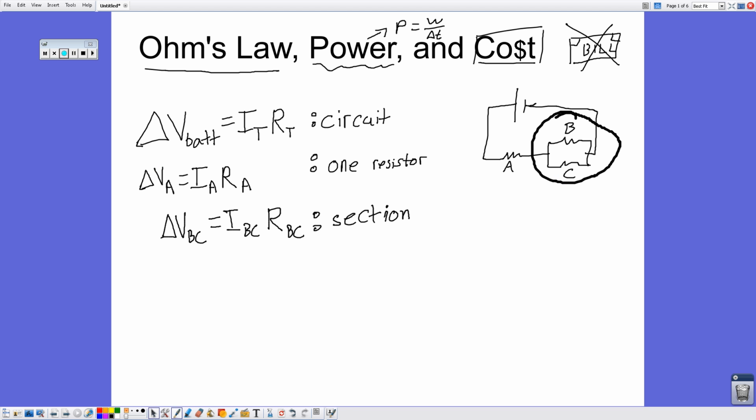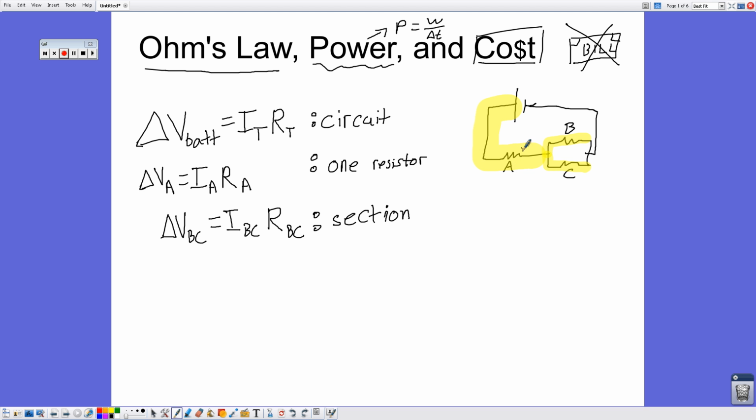Especially since, if you look at this pretty picture that we already have, the current comes out and goes through A before it splits, and some of it goes through B and some of it goes through C. The total current is the current in A. Look at that.